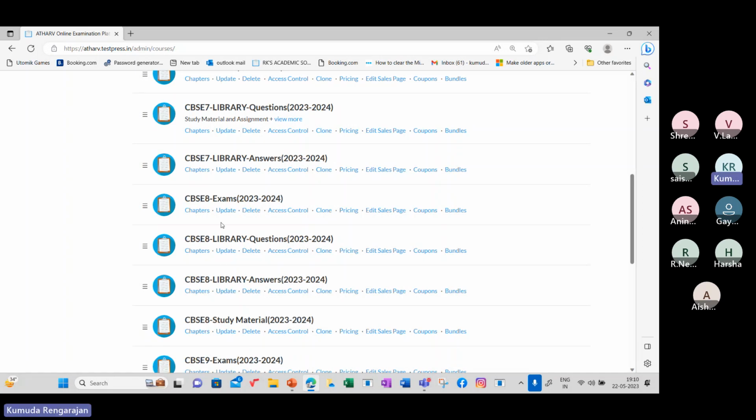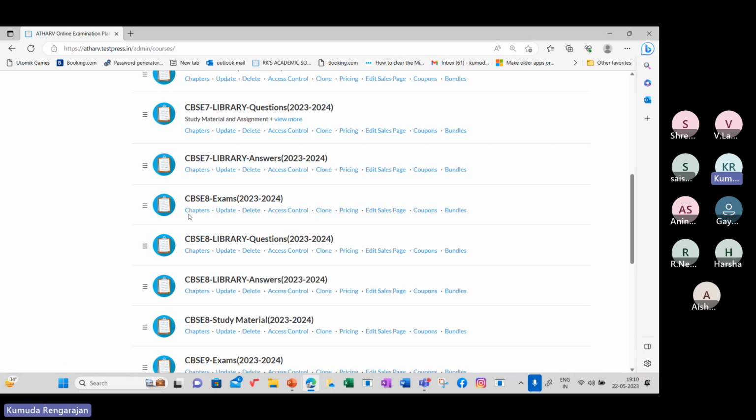So you will be able to see these four courses: exams, library questions, library answers, and study material. Yes or no? Yes, ma'am. These are the four things that will be visible to you. You cannot see all of these.